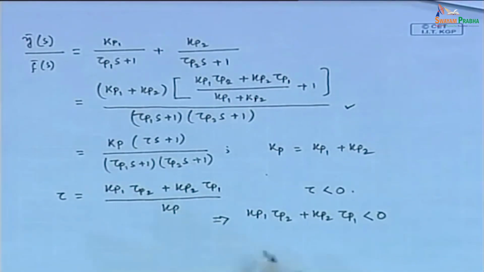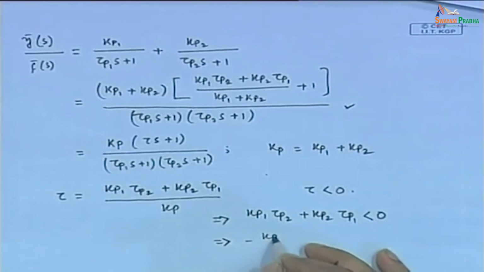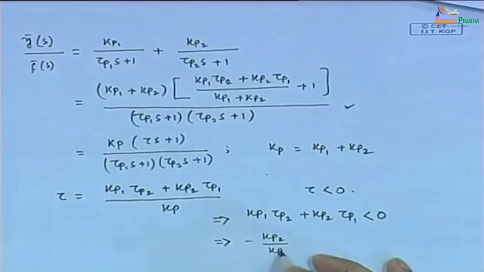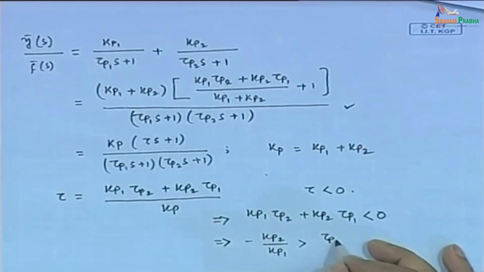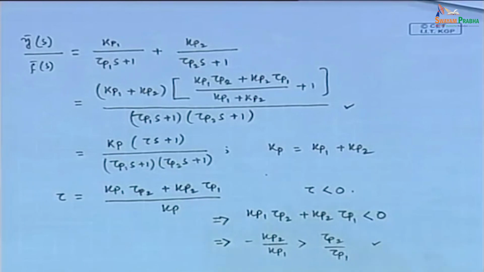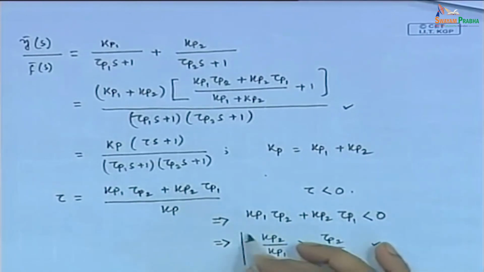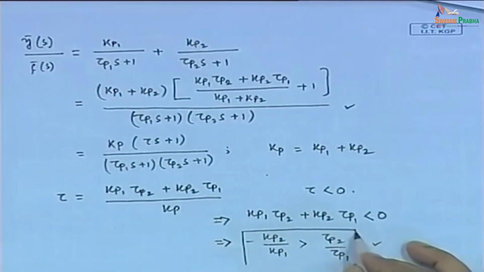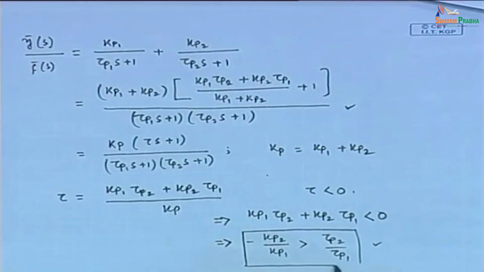Agree? So, rearranging this again, we obtain Kp2 divided by Kp1 greater than tau p2 divided by tau p1. Rearranging, finally we get this condition. So, at this condition the process shows inverse response behavior.